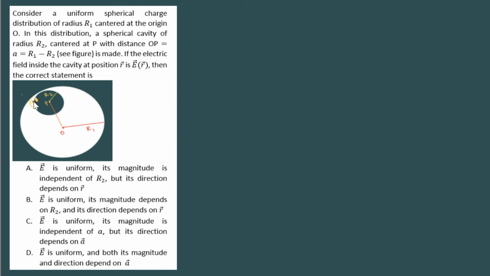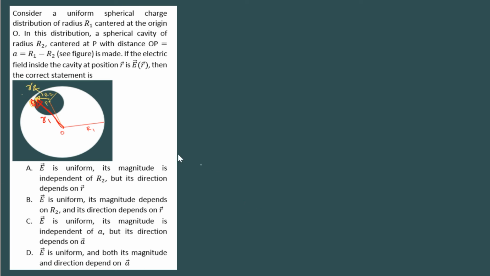Let's call that point Q. Now from the original center, if I draw a line till that Q, I have some vector here. So let's say this vector is R1. And from the center of the cavity, let's draw another vector. Let's call that R2.